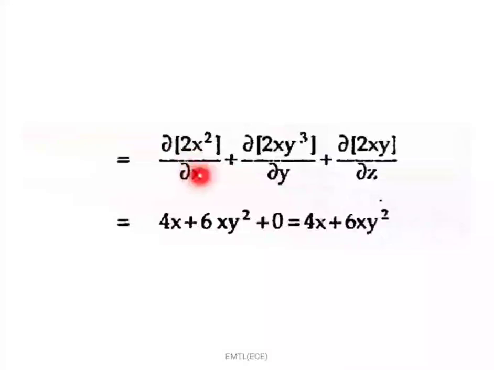So the partial derivative of 2x square with respect to x is 4x. For 2xy cube, y is the variable and x is a constant, so the partial derivative of y cube is 3y square, so that is 3 into 2, 6xy square.